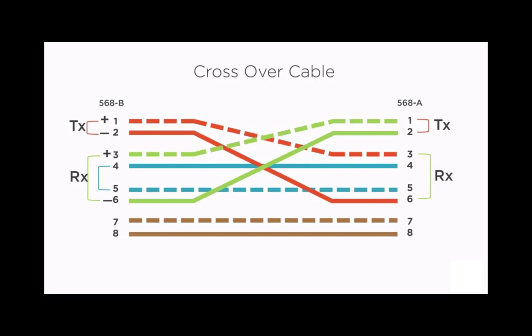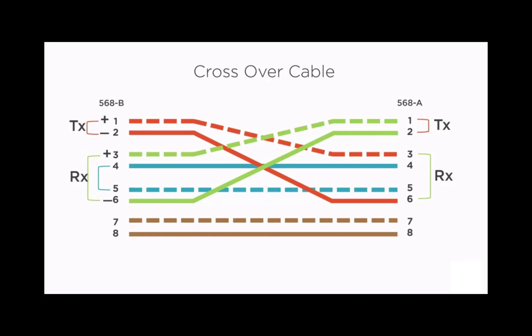There are two types of cable: one is called the straight cable and the other is called the crossover cable. In a crossover cable, we swap the function of the connector on both sides. For example, on one side the pin used for sending becomes the pin that is receiving, and vice versa.